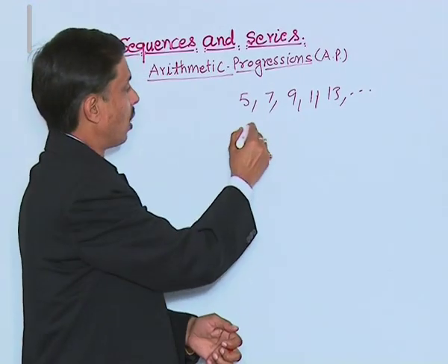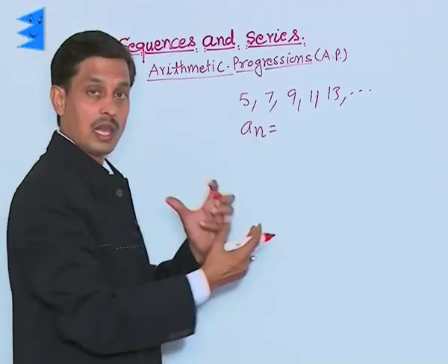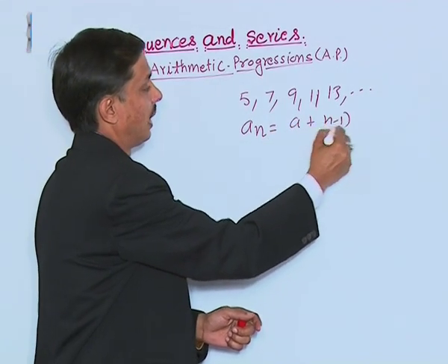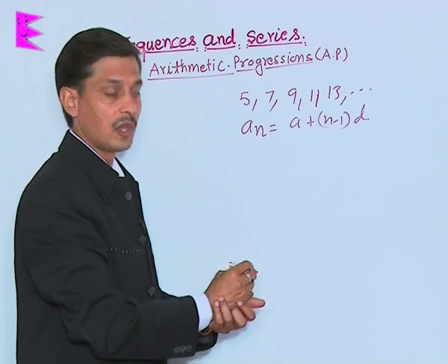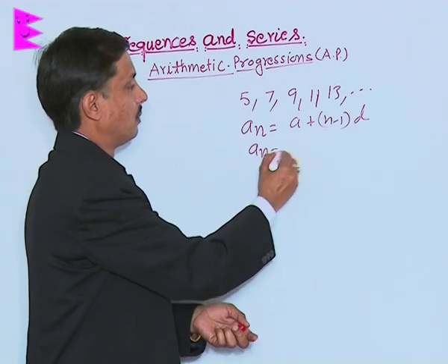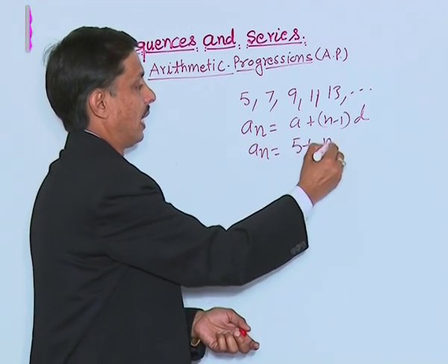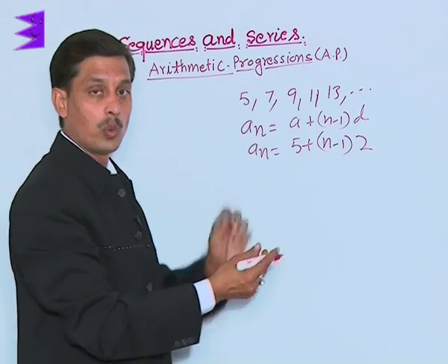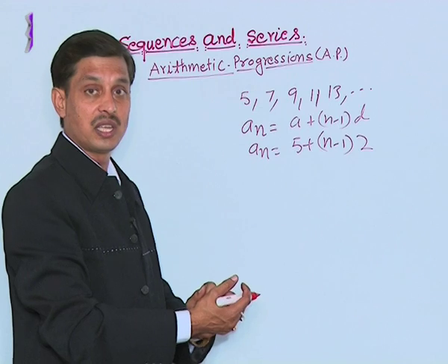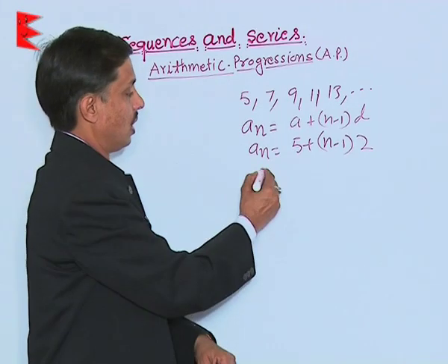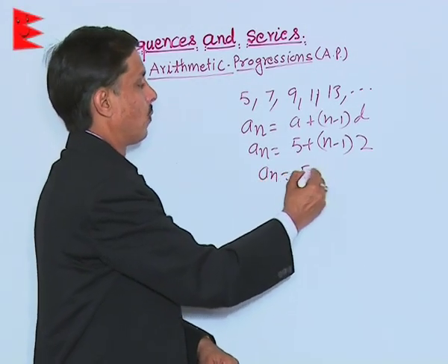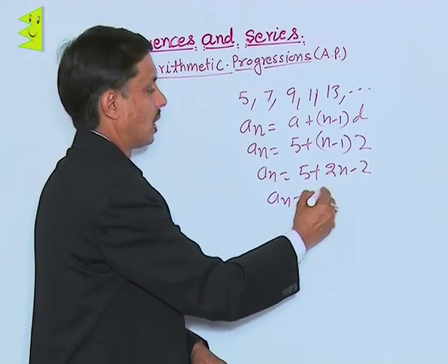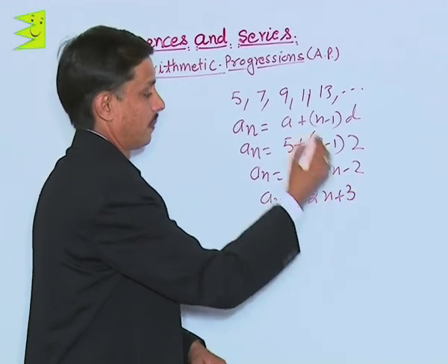In case you want to find the general term, the nth term, it is given by a plus n minus 1 into d. So an becomes 5 plus n minus 1 into d, where the common difference is 2 as the terms are equally spaced at a difference of 2. So an becomes 5 plus 2n minus 2, or the answer comes out as 2n plus 3.